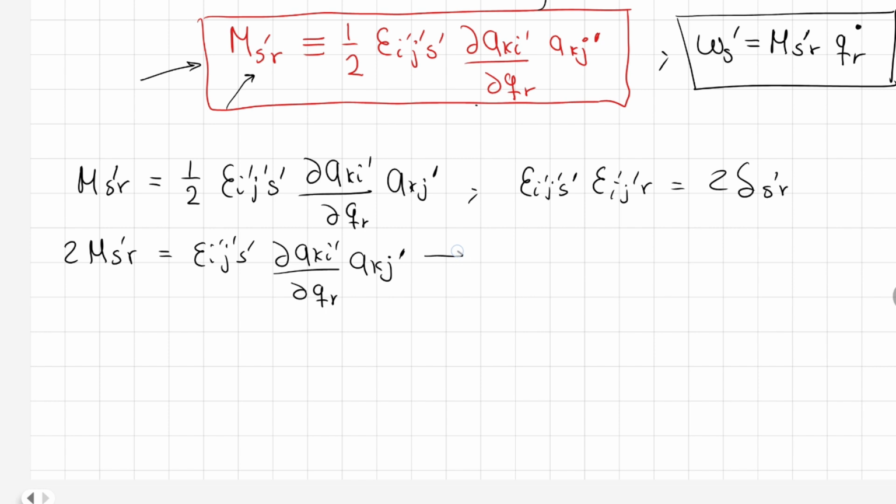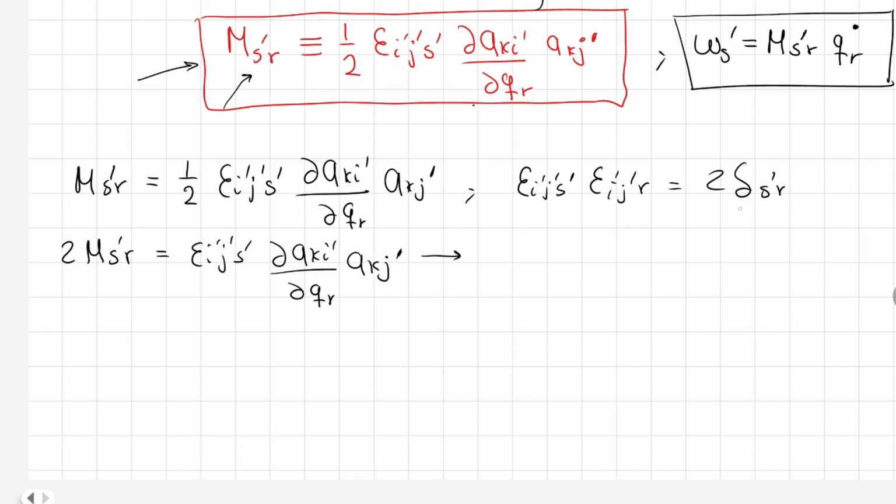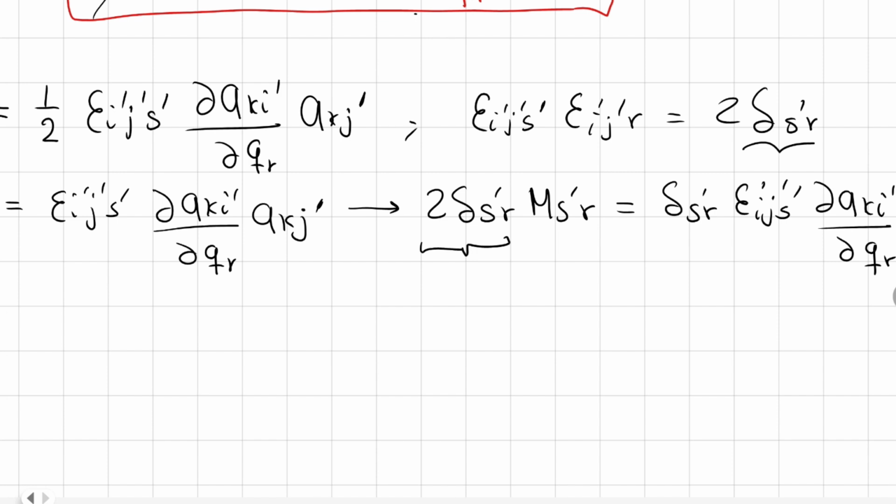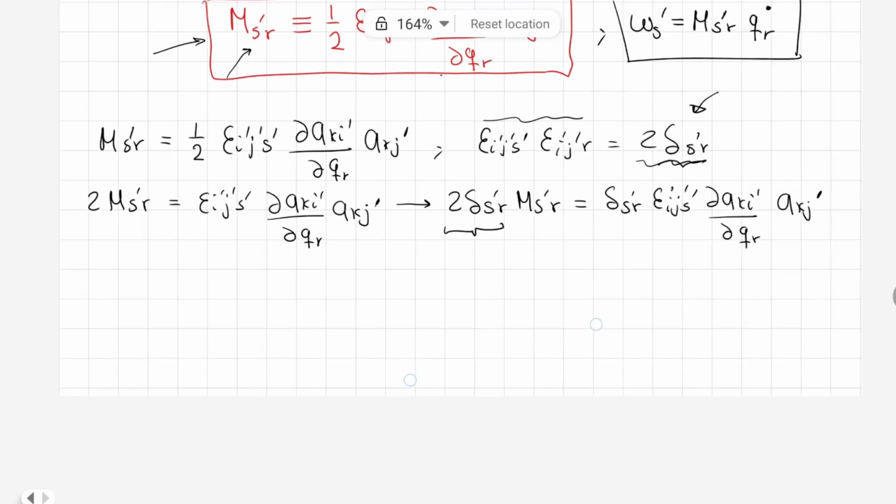And then we are going to multiply both sides of this equation by this Kronecker delta SR. So we get that 2 Kronecker delta SR MSR is equal to the Kronecker delta SR EIJS, the partial AKI with respect to QR AKJ, like this. And here, we are going to substitute this result that we have here. Instead of writing this 2 times the Kronecker delta, we are going to write this product of Levi-Civitas.